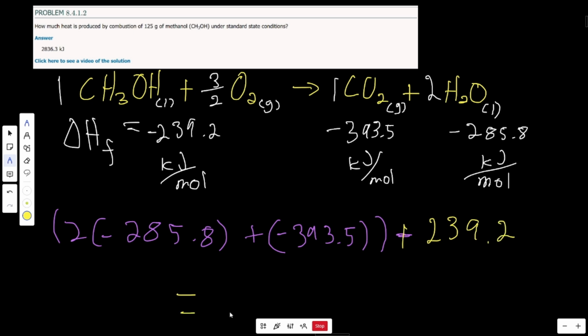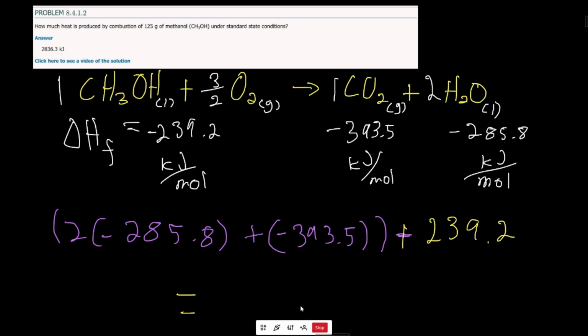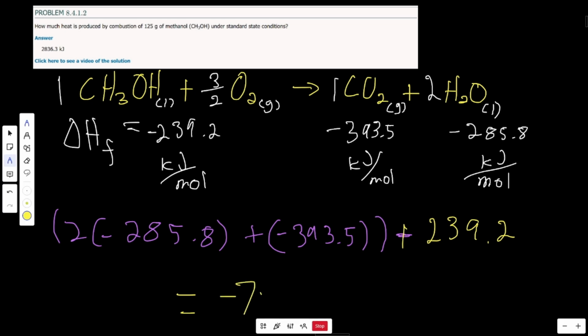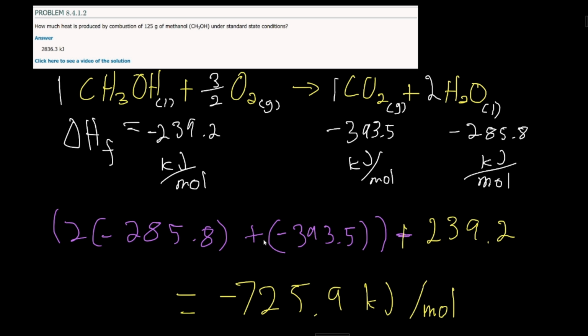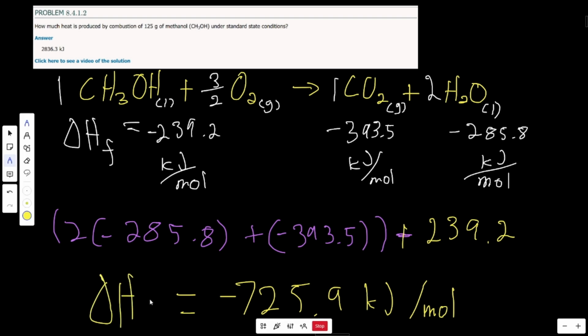This will get us an answer of negative 725.9 kilojoules per mole. So for every ratio of these substances, let's say we produce 1 mole of carbon dioxide from this reaction, it will release 725.9 kilojoules of energy. If I produce 2 moles of carbon dioxide from this reaction, we'll just double our enthalpy. So this is our enthalpy.